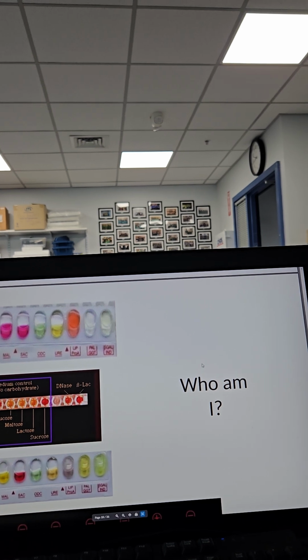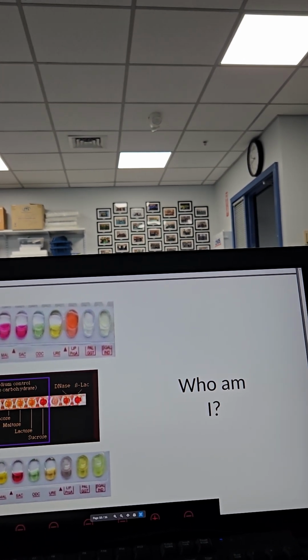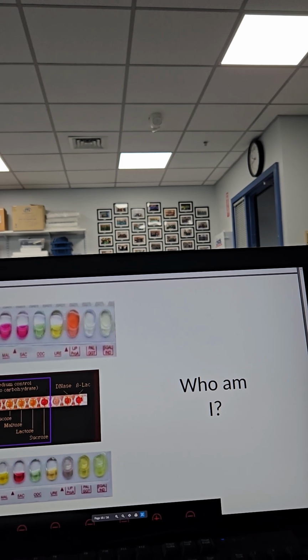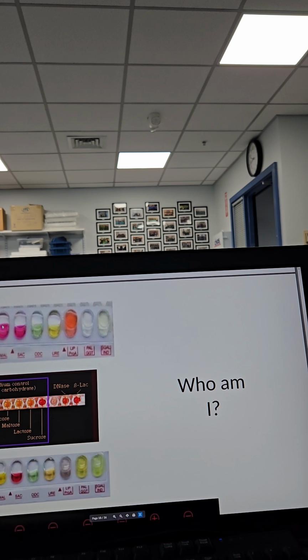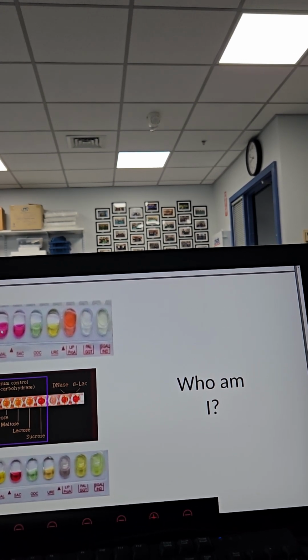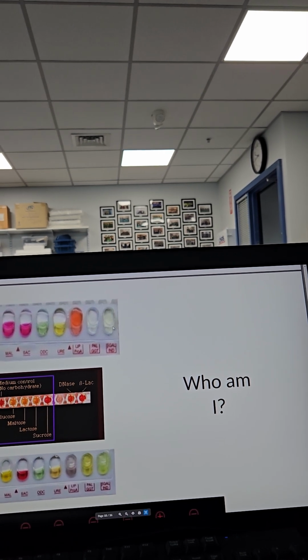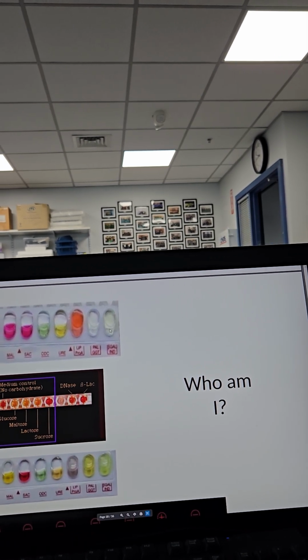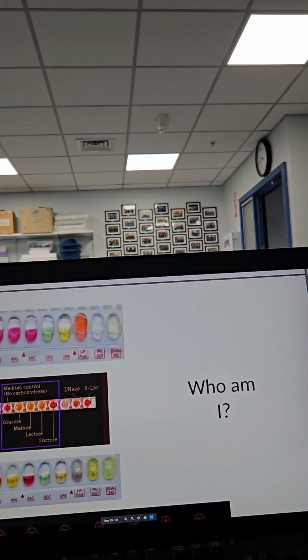Then I did a little who am I? Glucose, but not maltose, and no galactose. So who is this?